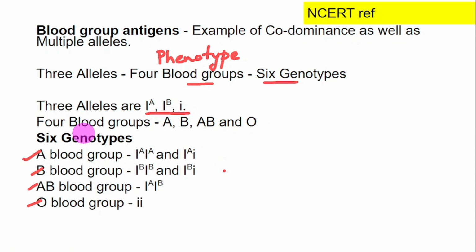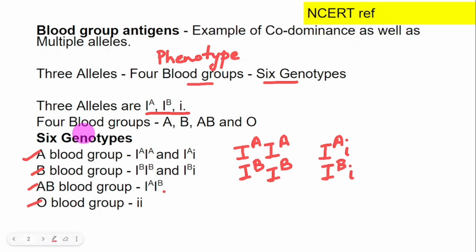So you have to be absolutely clear in your mind that A blood group can be homozygous, this is the homozygous condition, or it could be heterozygous, IA and small i. Similarly, B blood group can be homozygous for the B allele, this is the homozygous condition, and the heterozygous condition is IB and small i.